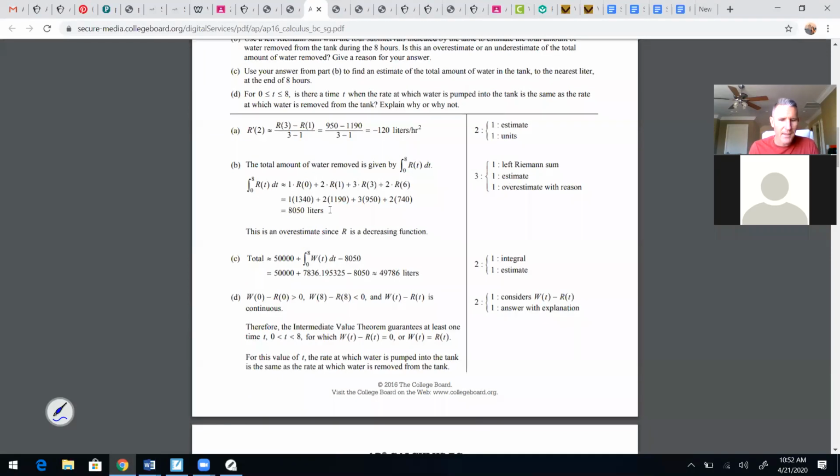When you do that, you get 8,050 liters. That is an overestimate because R is a decreasing function. All right, cool.